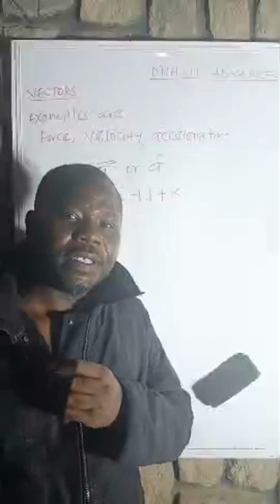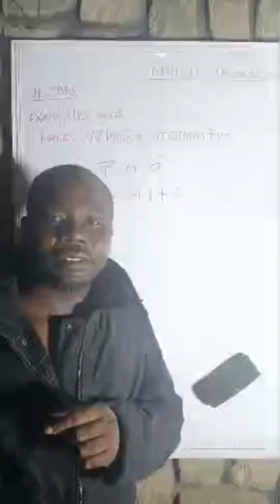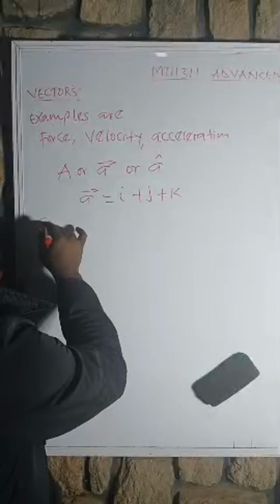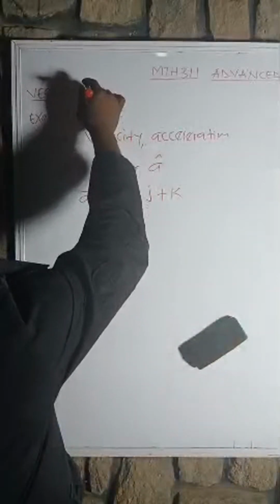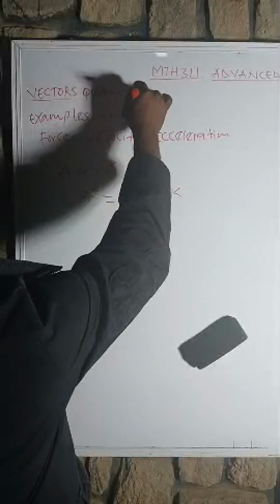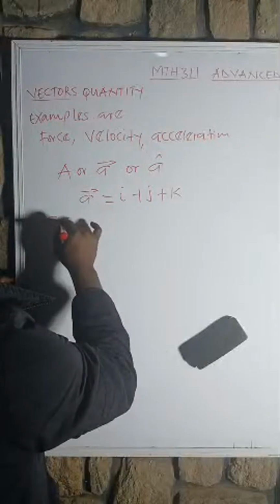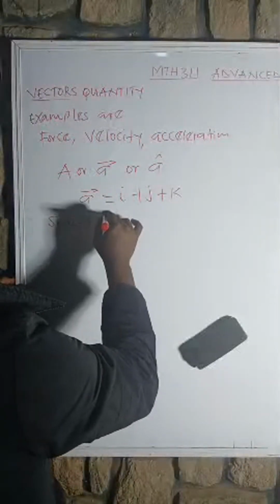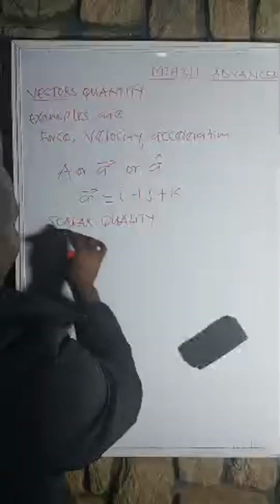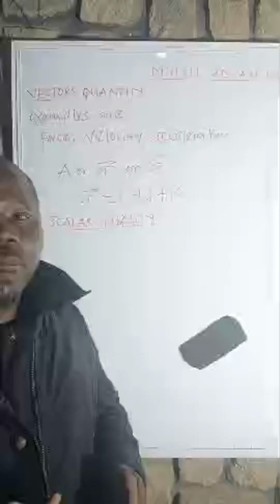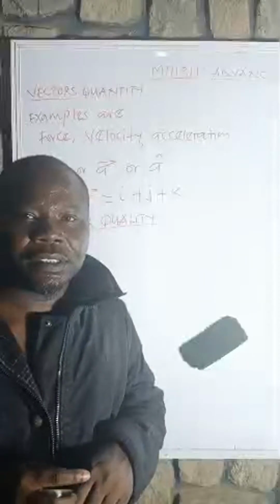So now let's proceed to define what a scalar quantity is all about. Is that clear? Scalar quantity is a quantity that has only magnitude but no direction.